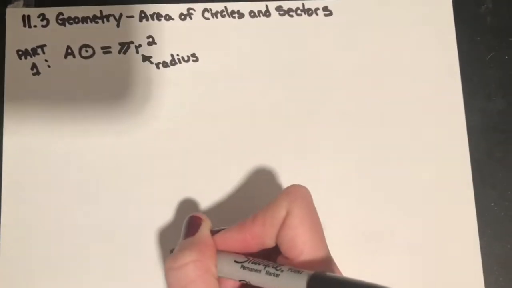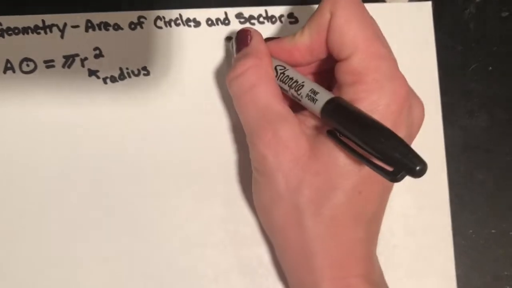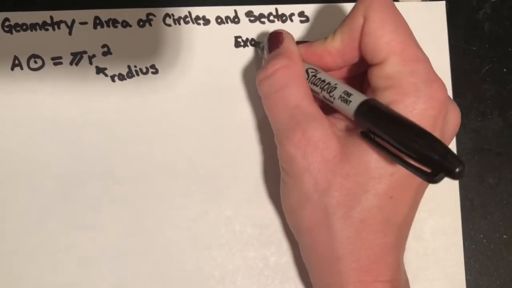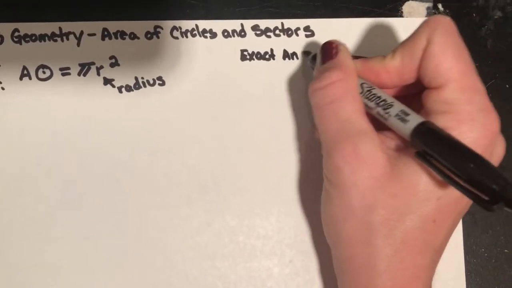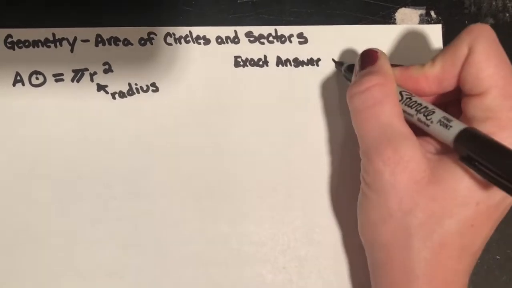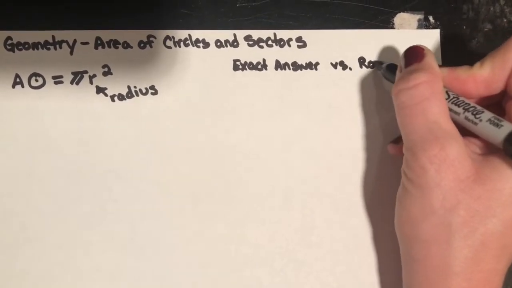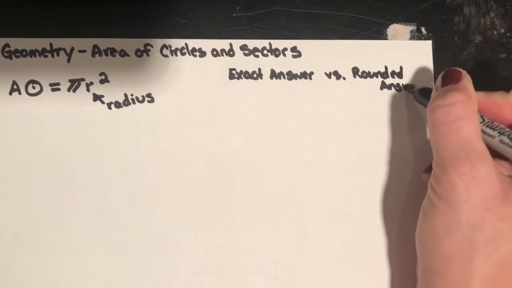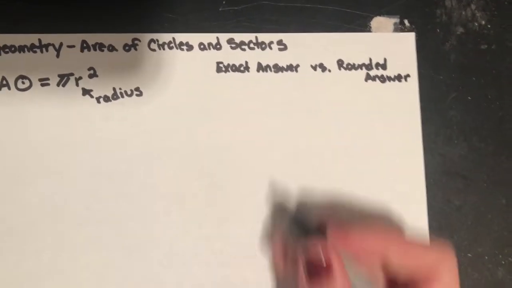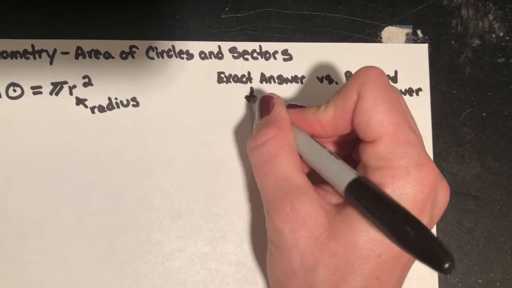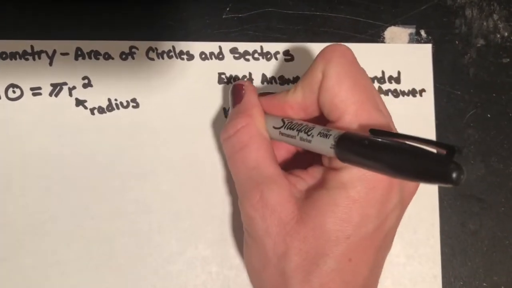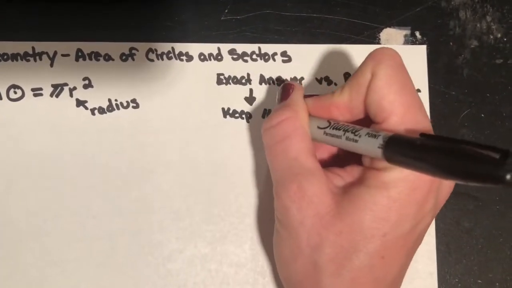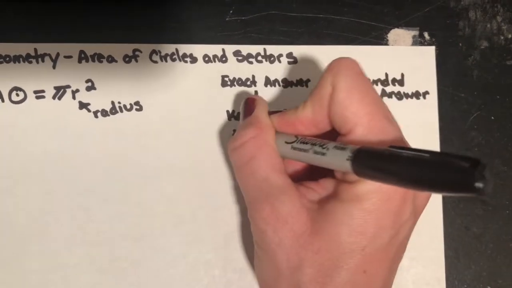All right, real quick, I wanted to go over what an exact answer versus a rounded answer are. So an exact answer is in terms of pi. You want to keep pi in the answer.